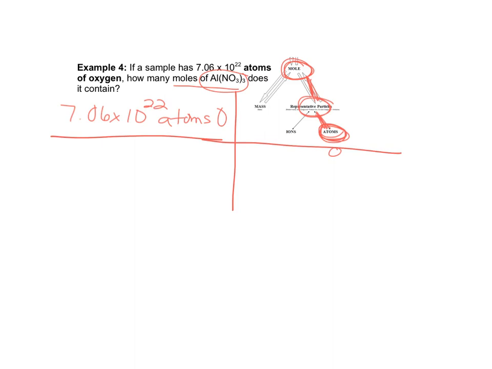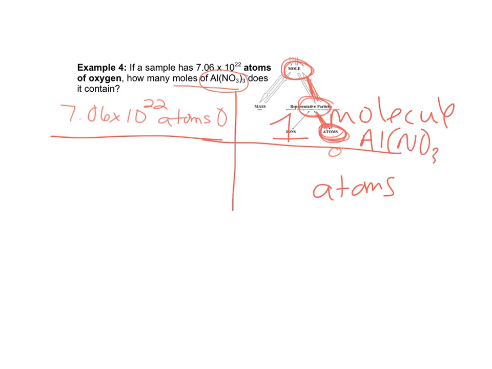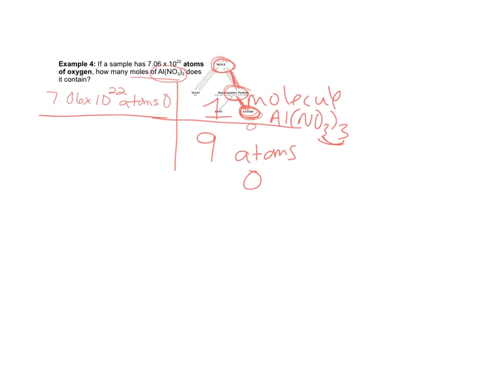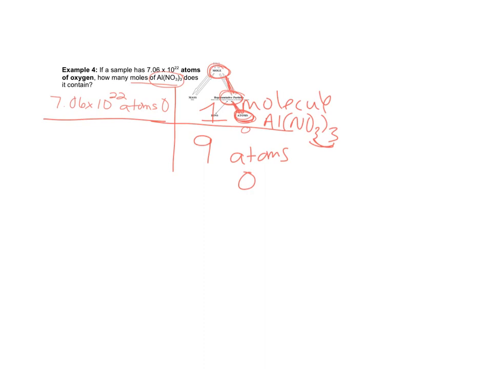So how many atoms of oxygen are in 1 molecule of aluminum nitrate? So if we do 3 times 3, there's 9 atoms of specifically oxygen if you had 1 molecule of aluminum nitrate.